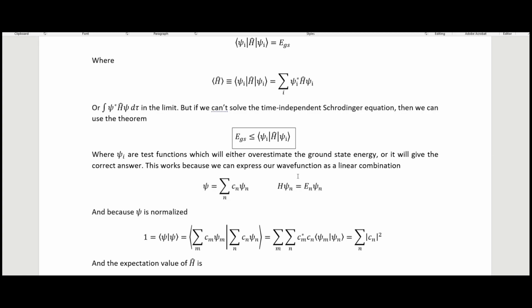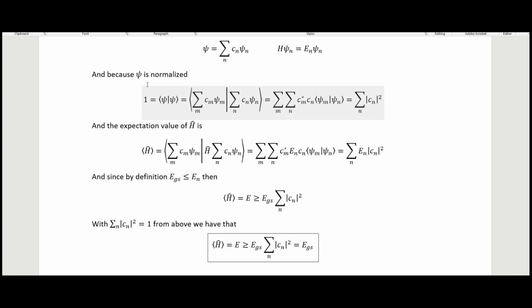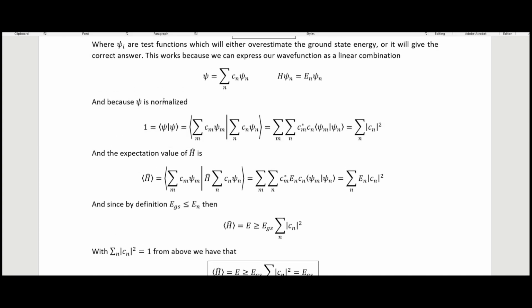This works because we can express our wave function as a linear combination of these wave functions times the probability amplitude. And because our psi is normalized, what this is essentially saying is that the sum of our probability amplitudes squared is just going to be equal to 1.